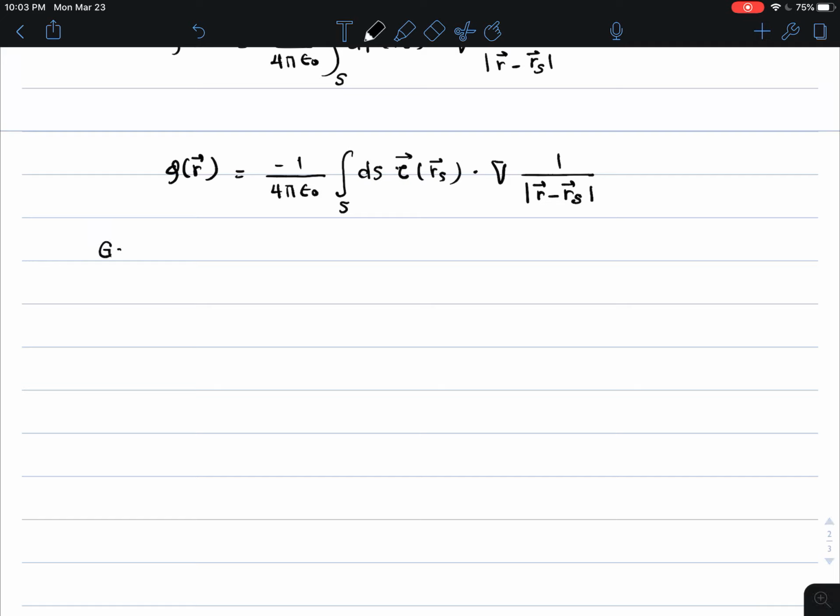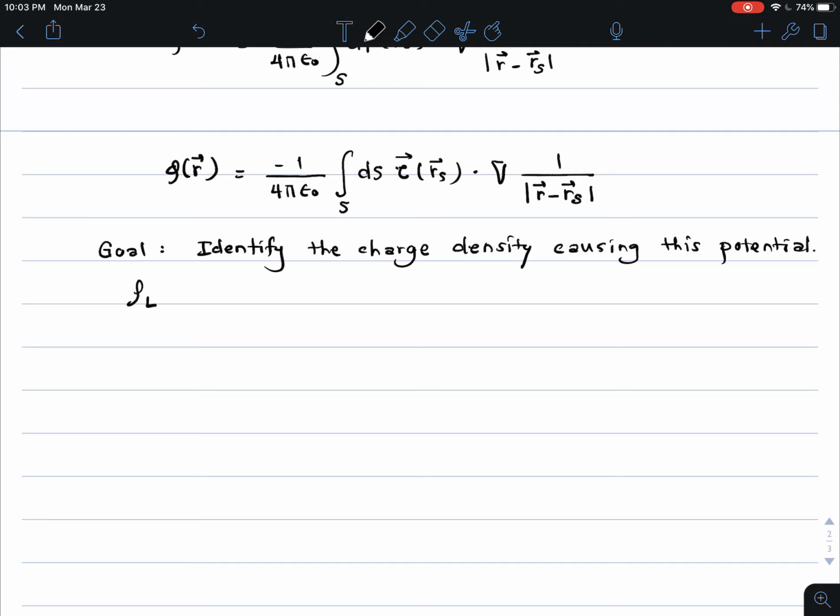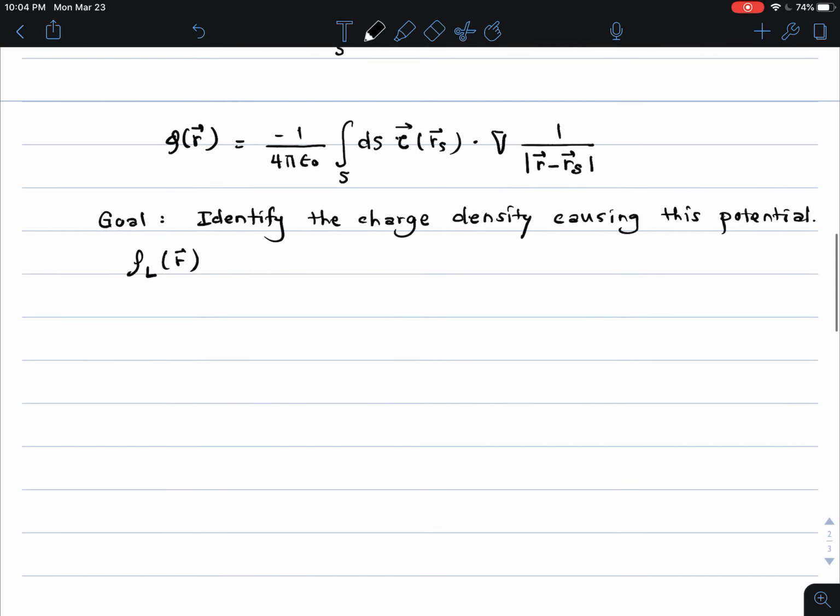So the goal here is to identify the charge density causing this potential, and we call it rho L, let's say, for the charge density of the layer.